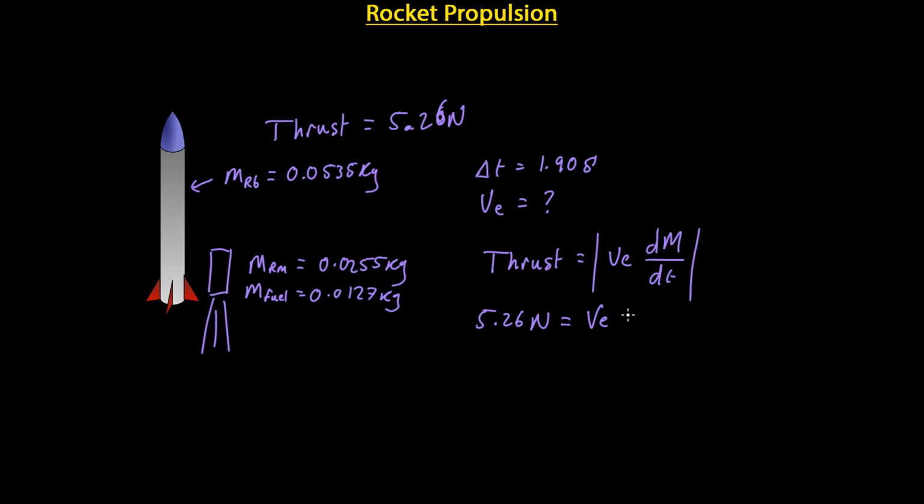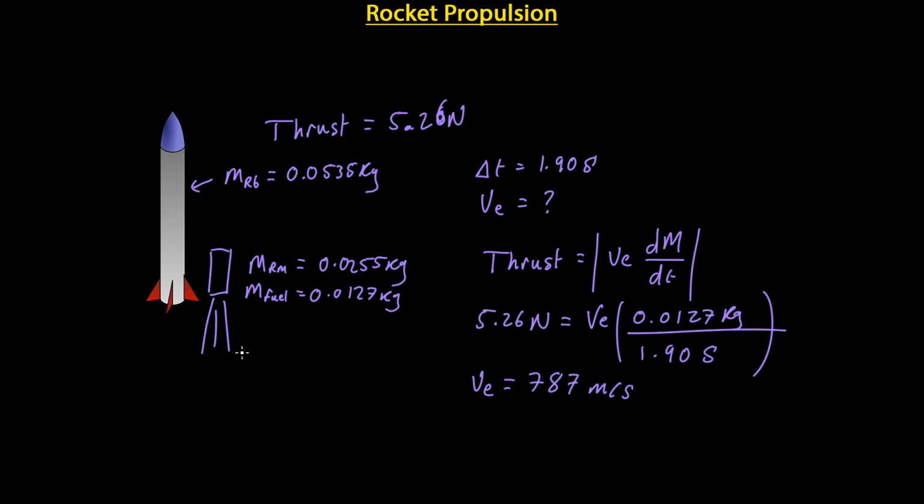So all we need to do is put the mass of the fuel, 0.0127 kilograms here on the top, and divide it by the total amount of time we've got here, so 1.90 seconds, and that's our burn rate. When we multiply through, we get an exhaust velocity of 787 meters per second for the exhaust gases shooting out the back.